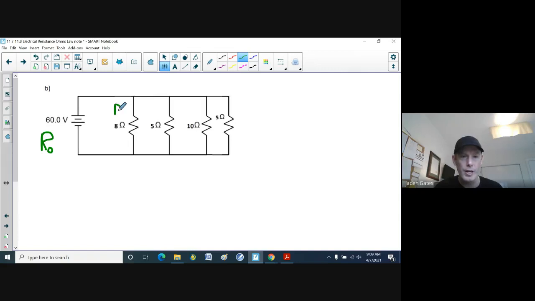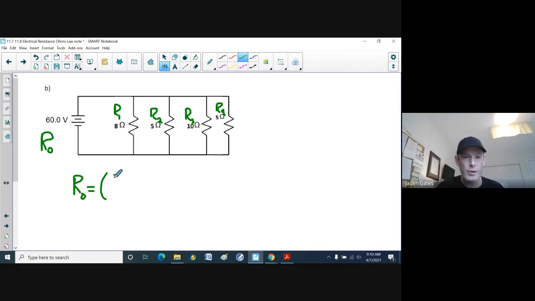So I'm going to call this one here R1, R2, R3, and we have R4. We have 4 circuits here in parallel. Now, because it's in parallel, what we're going to do here is we got R naught is equal to, big brackets here.